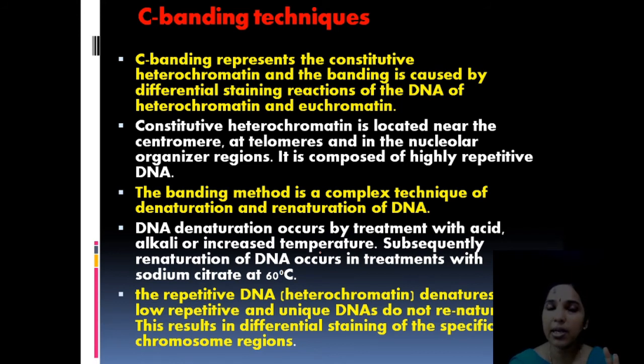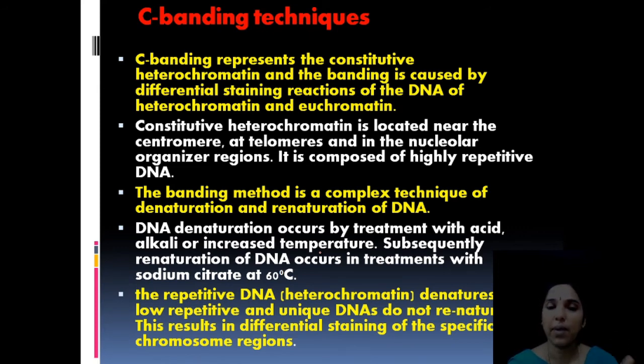Heterochromatin is usually located near the centromere, in the telomeres or in the nucleolar organizer region. These regions contain highly repetitive DNA, so regions containing constitutive heterochromatin will stain by using the C-banding technique.